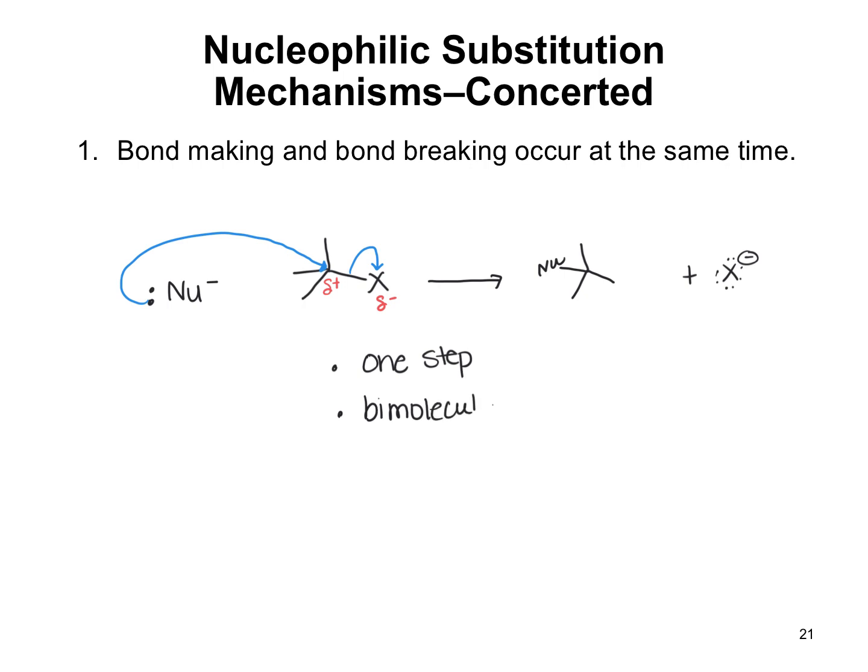So the prefix bi means two. And the reason it's referred to that is because these two reactants have to collide, okay, for this reaction to occur.